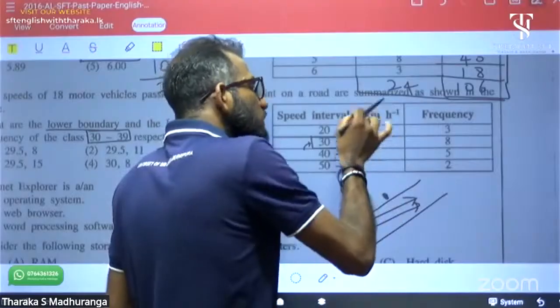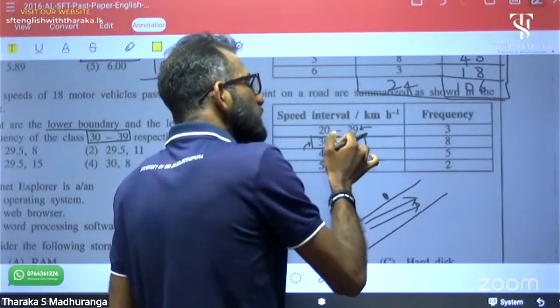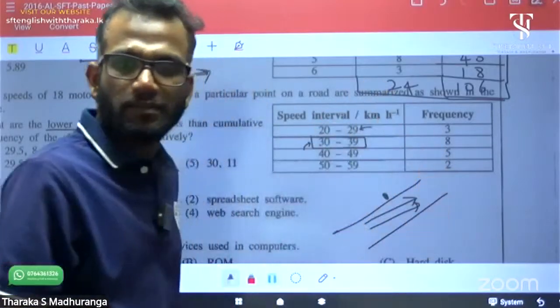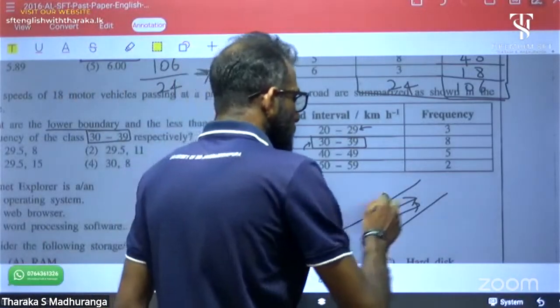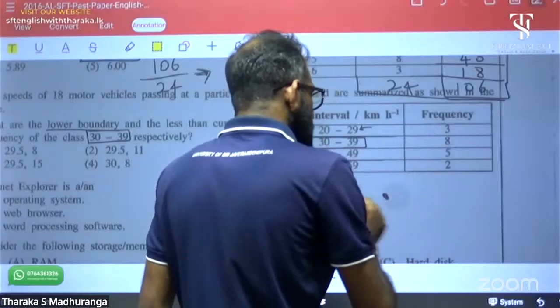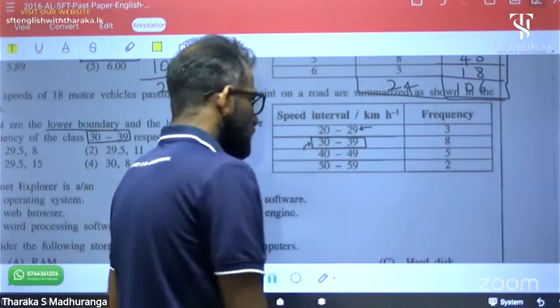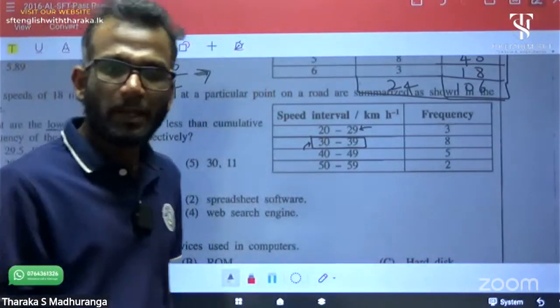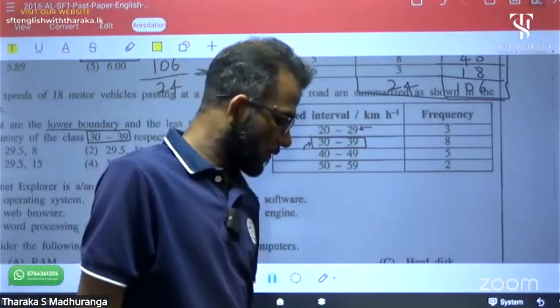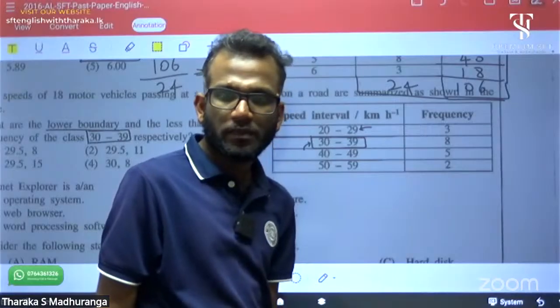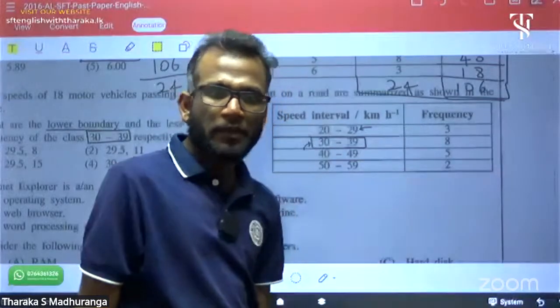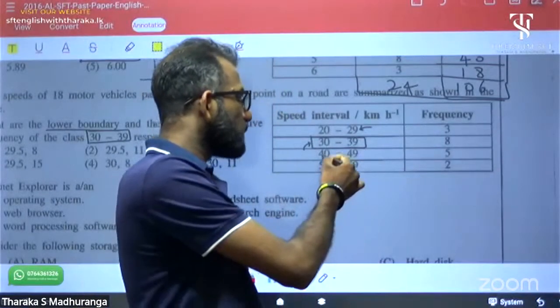Now, how do we convert these discrete class limits into class boundaries? What's the method? We can divide the gap.